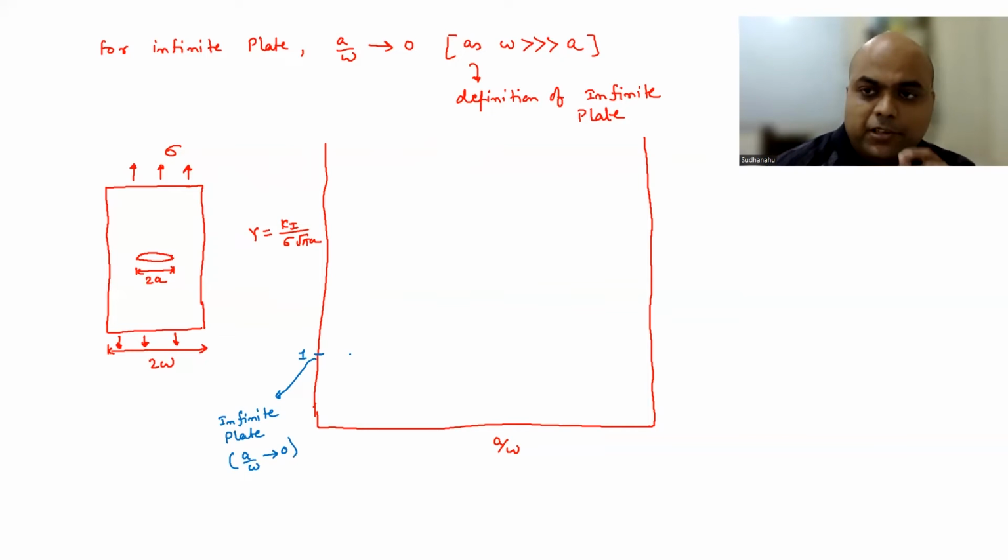And then for different A by W, you can plot it and you will see it is going to increase, something like this. So it increases as A by W increases.